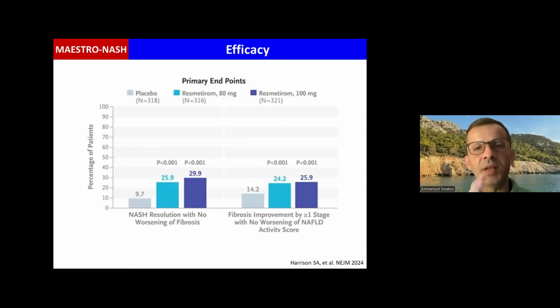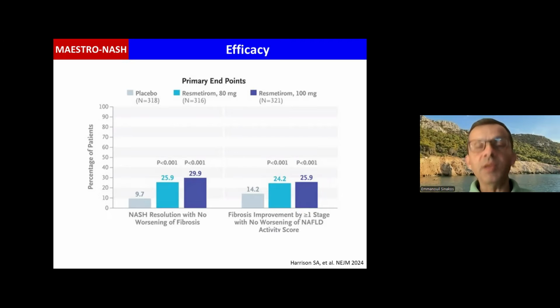There is a very well conducted program of resmetirom with 3 and more studies that have been published in the New England Journal of Medicine. Mainly, you can clearly see the difference as compared to placebo. Don't be disappointed by the rather small numbers of improvement.